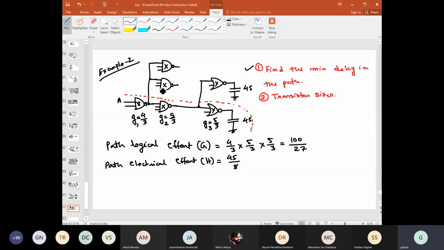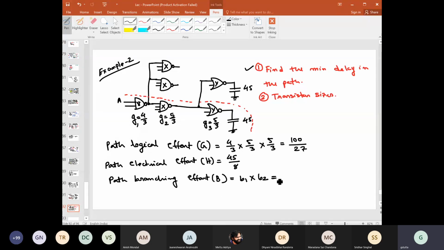Then we can find the path branching effort, B, that we have just learned. Here the path branching effort is B1 times B2.